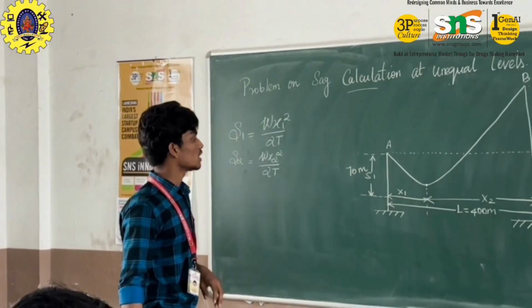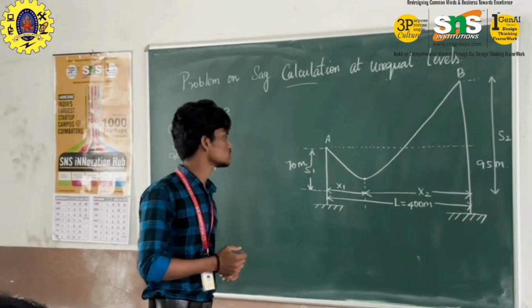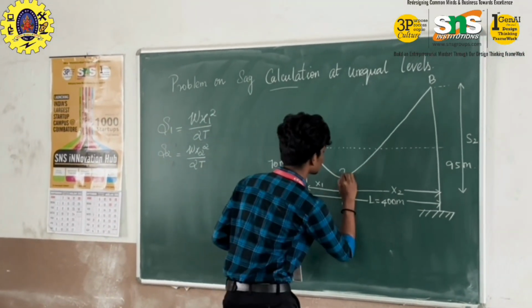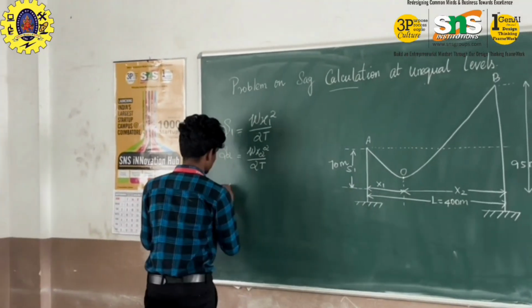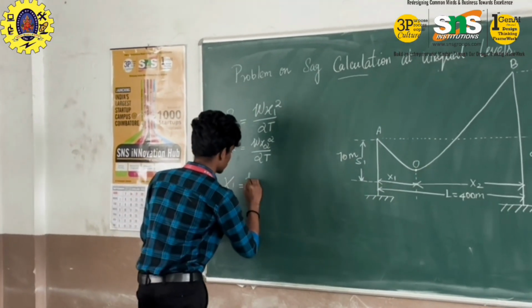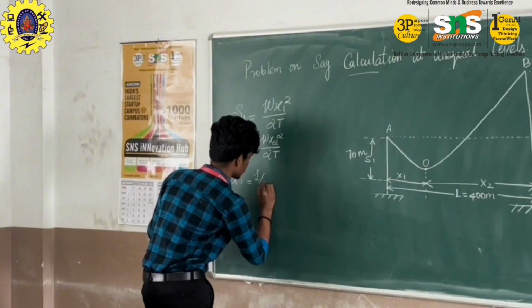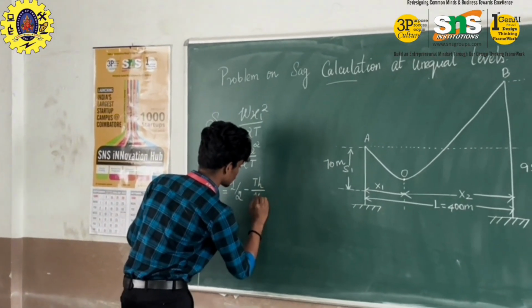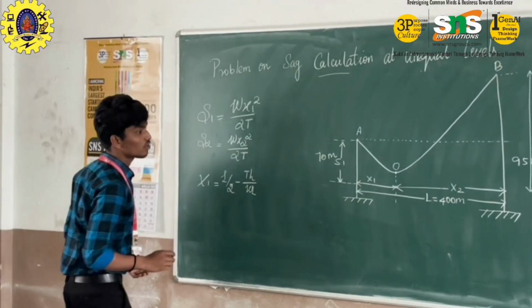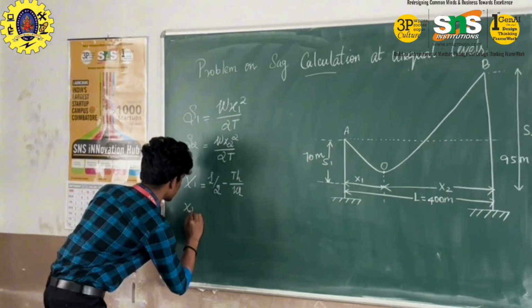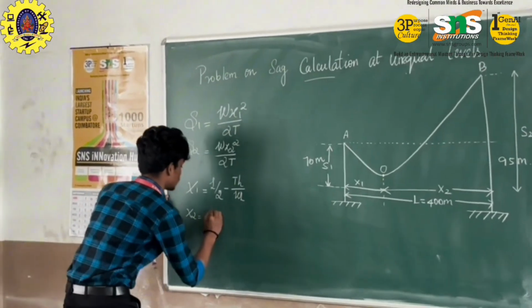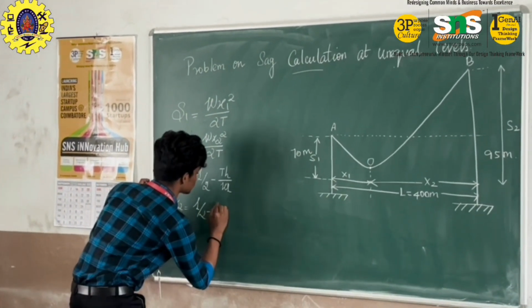And then we have to find the distances x1 and x2. X1 is the distance between the point A to O, and x2 is the distance between the point O to B. For that, L by 2 minus T by W times h by L.